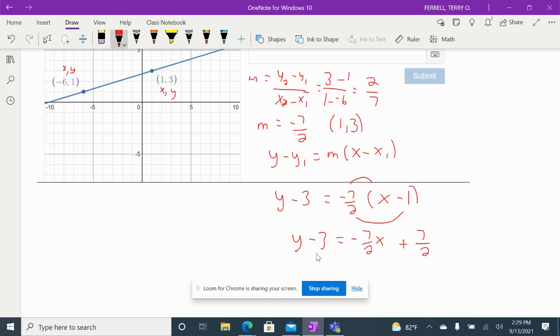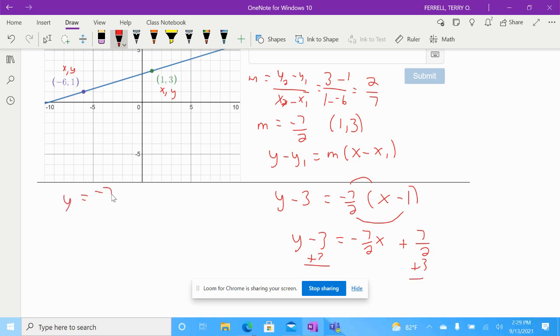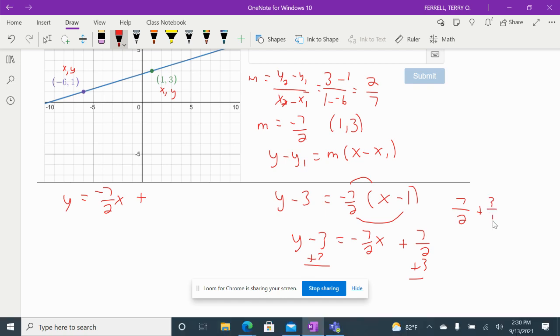I need to solve for y, so I'm going to add 3 on both sides. So I'm going to have y equals negative 7 over 2 x, I really need to get this fixed, plus, and now I got to add 7 over 2 plus 3, which I'm going to put as 3 over 1.